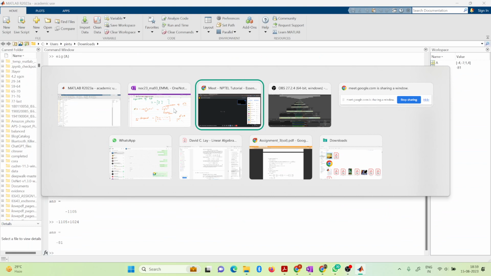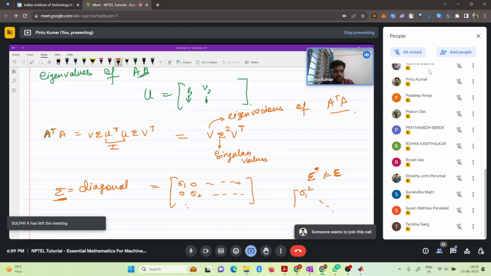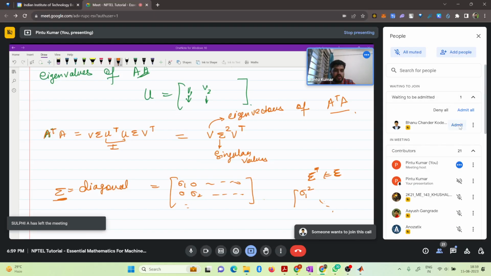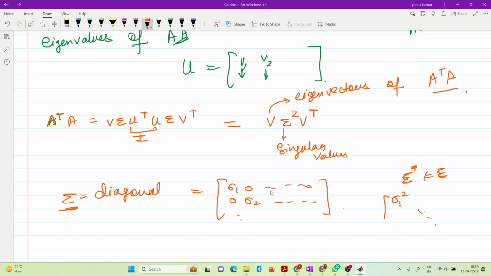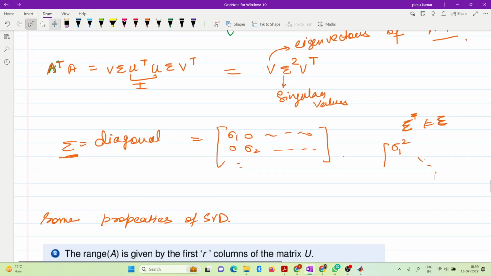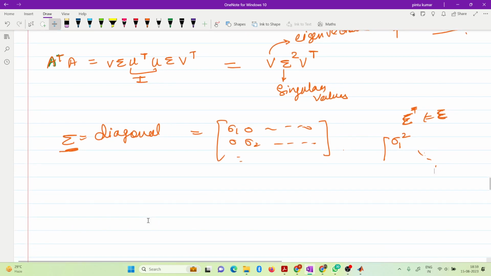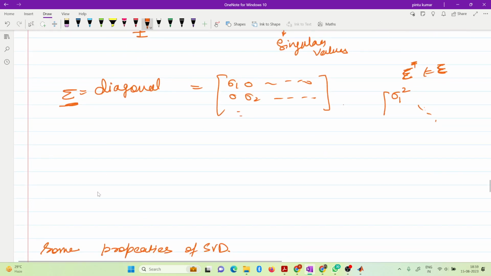I'll just take a small example to show you. Why did I write that thing as sigma square? Yes, you are right, it's not a symmetric matrix. Let's say this is 1 0 0 2 0 0.